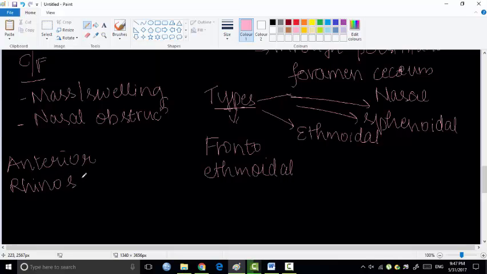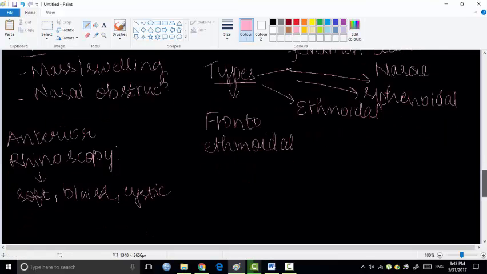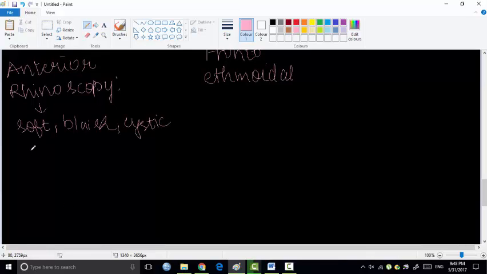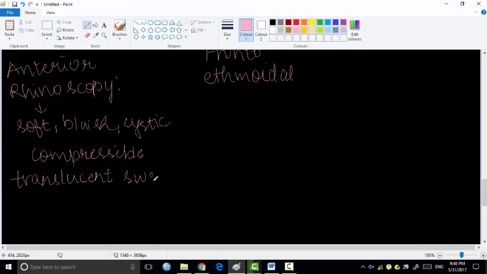We do anterior rhinoscopy, and we find a soft, bluish, cystic, compressible and translucent swelling, right?